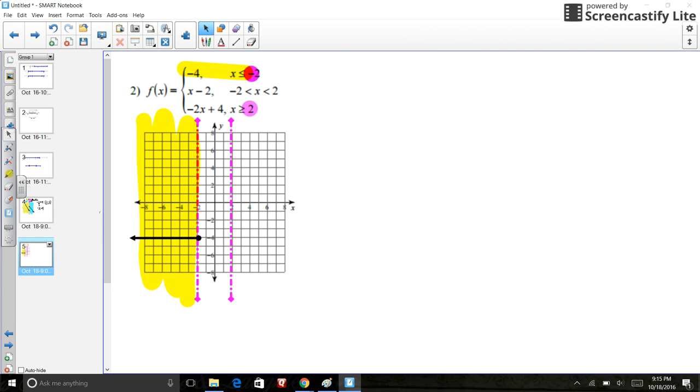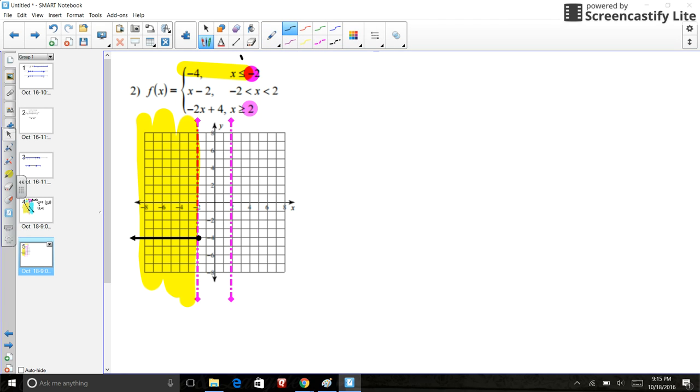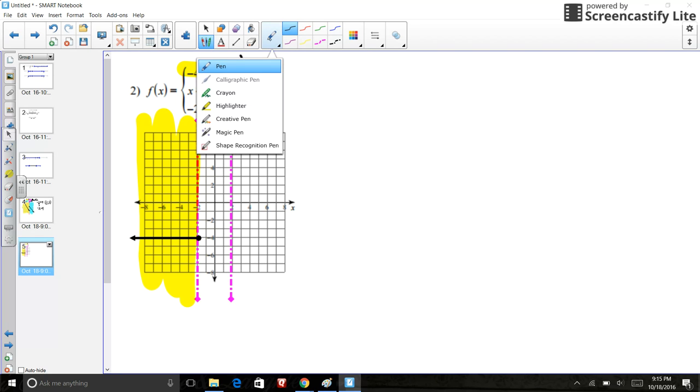Oh, look at much more perfect line. You'll notice that I have a closed circle at the x equals -2. Why is it a closed circle? Well, because if I go back over here, it tells me that when x is less than or equal to -2, that's what happens.